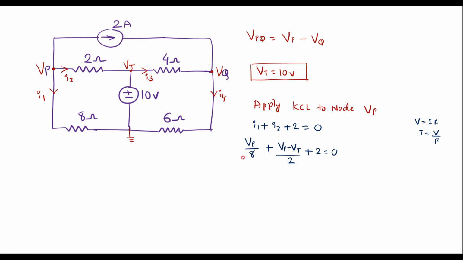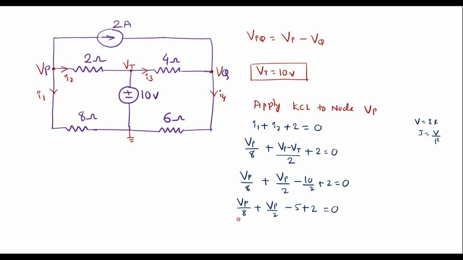Let me simplify this. That is Vp by 8 plus Vp minus Vt by 2, where Vt is 10 volt, that is 10 by 2, plus 2 is equal to 0. Let me simplify this further. That is Vp by 8 plus Vp by 2 minus 5 plus 2 is equal to 0.